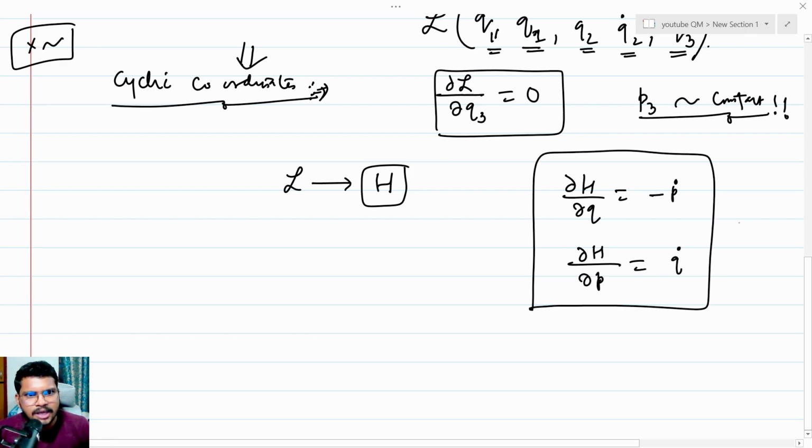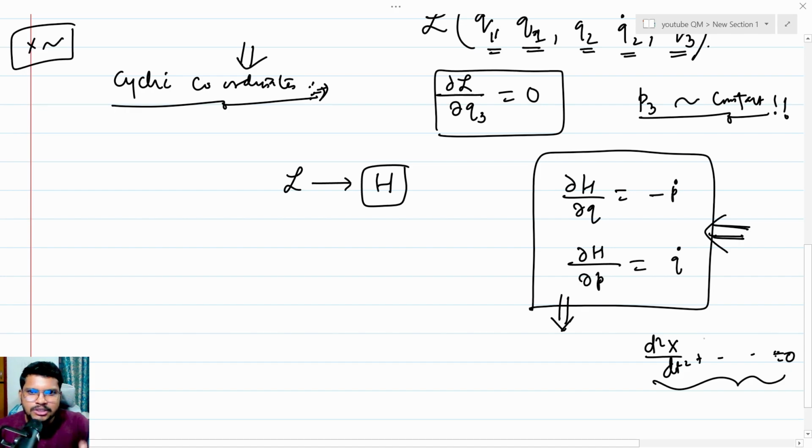But again, although these are the equations of motion, in the end, by taking maybe some time derivative, you are again going to get the equation of motion, d2x by dt square plus so on and so forth is equal to 0. Either you start from the Lagrangian or the Hamiltonian, the end result is going to be the same.